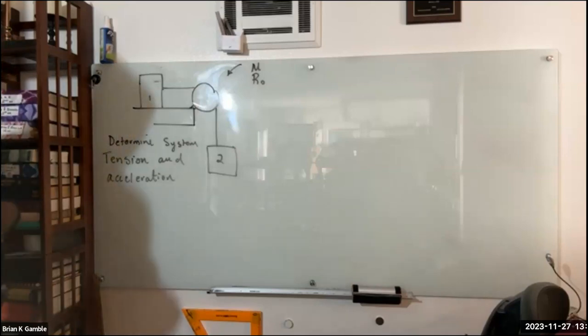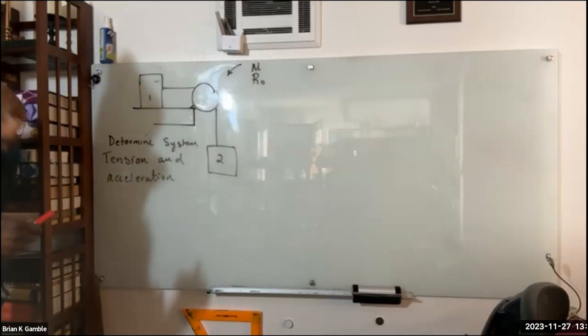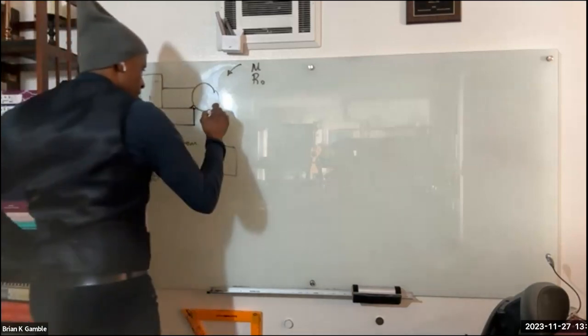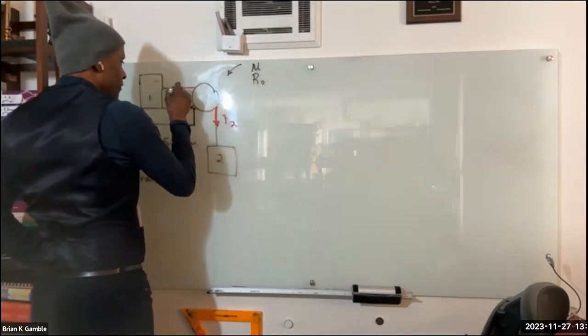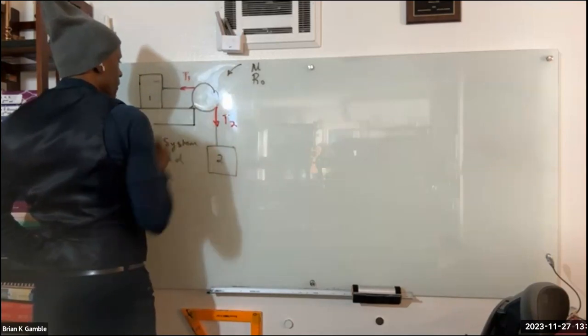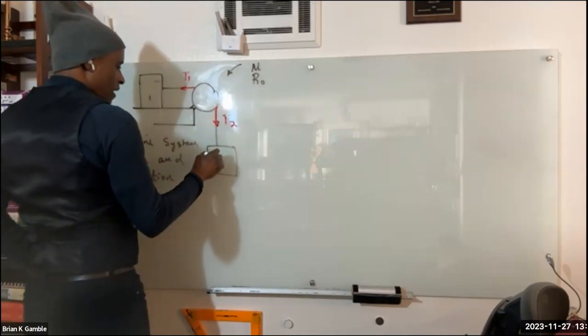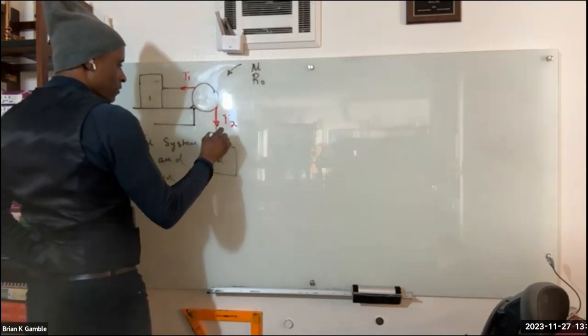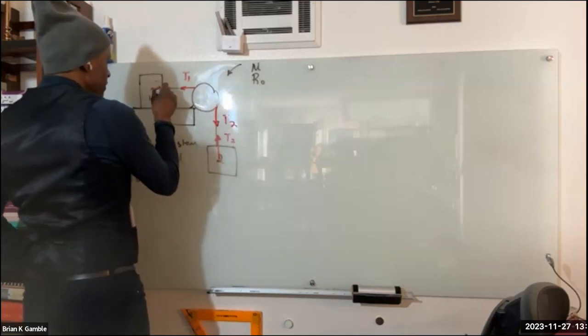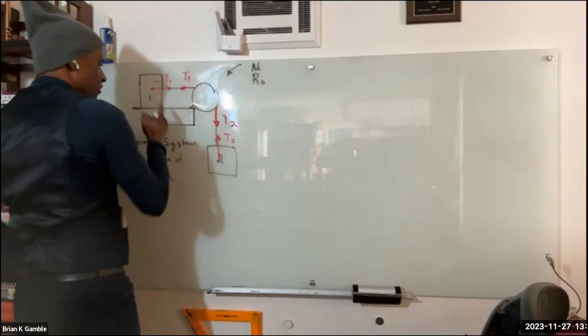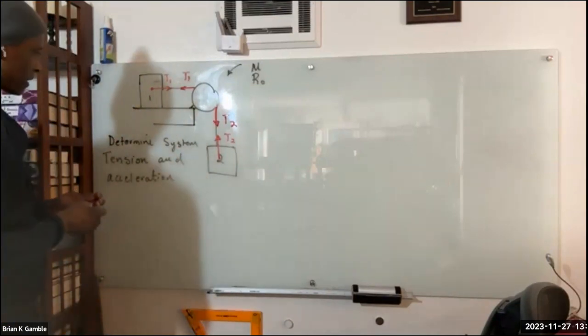So when we diagram this problem now, we have to take that in consideration. There's a T2 here and a T1 here. So on this object, we're going to have T2 up and T1 from the center of mass in this direction. So they're not the same tensions anymore.